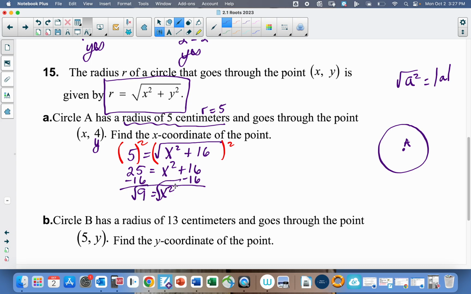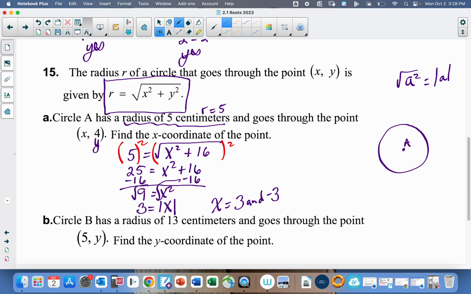Remember that when I take the square root, that symbol means give me the positive root. The positive root of 9 is 3. The positive root of x squared is the absolute value of x. Absolute value means distance of 3. Well, what values of x have a distance of 3? 3 and negative 3.